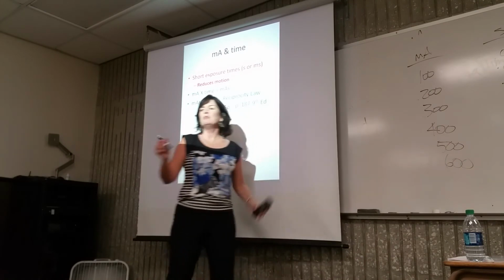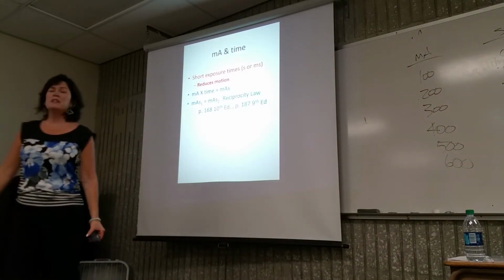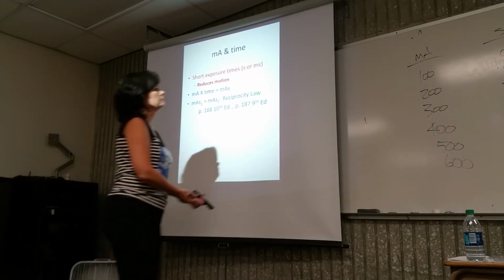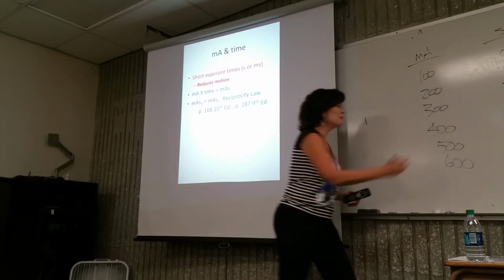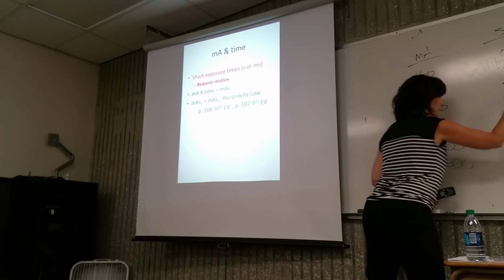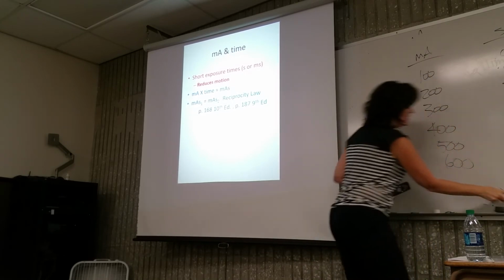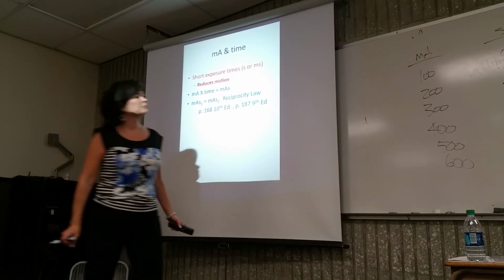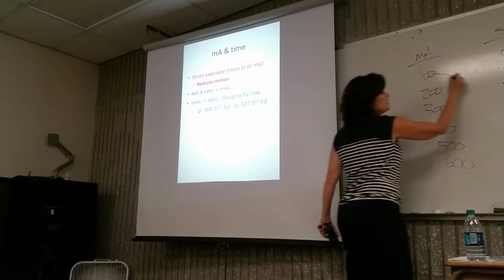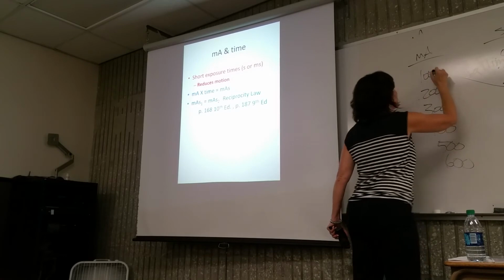Something like that. Okay, what do you want to use? I want 10 mAs. Let me throw that in there. Does that help? Okay, I want 10 mAs. What do you want to use? 100 by 0.1. Okay, we could use 100 at 0.1 seconds.